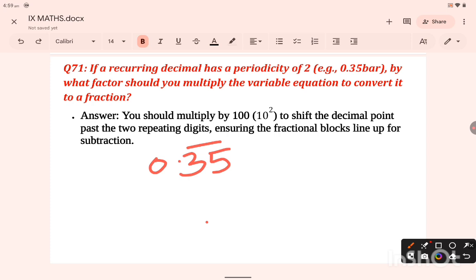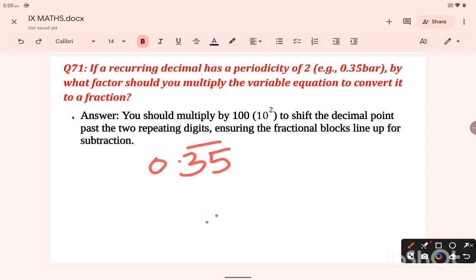That's why we multiply with 10 or exponents of 10, based on the periodicity of the given fraction. If periodicity is 1, we multiply with 10 power 1. Periodicity is 2, multiply with 10 power 2, and so on.